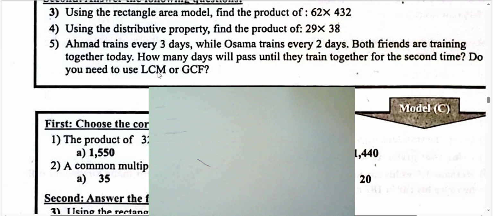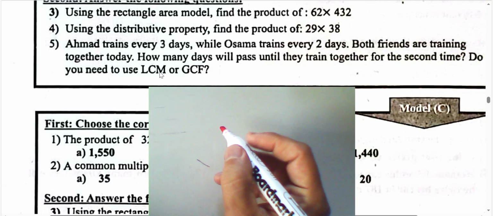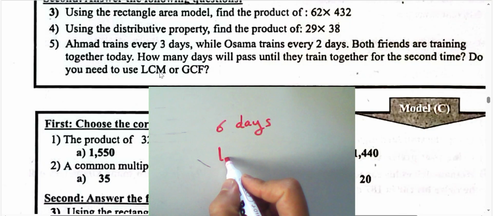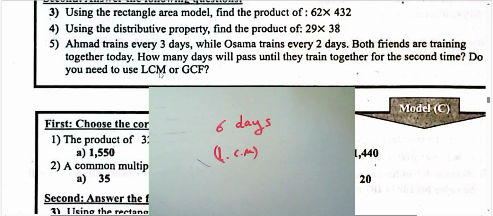We use the least common multiple here. The least common multiple of the two numbers equals 6. Then they will train together for the second time after 6 days. After 6 days. And we must use the least common multiple of the two numbers here.